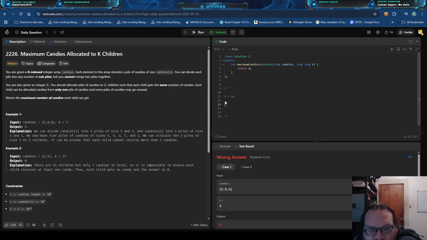So, okay. K divided by candies.size. All right. And then rest equals K mod candies.size. So the remainder.